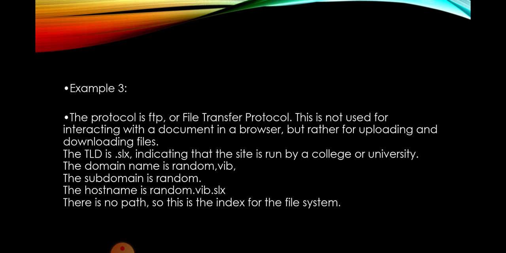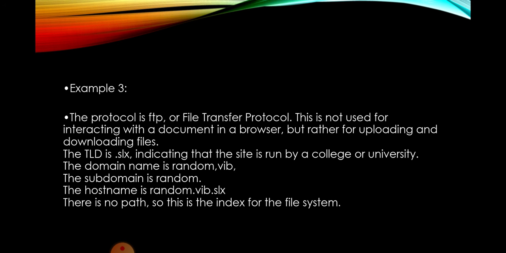Example number 3. The protocol is FTP, or File Transfer Protocol. This is not used for interacting with a document in a browser, but rather for uploading and downloading files. The TLD is .edu, indicating that the site is run by a college or university.